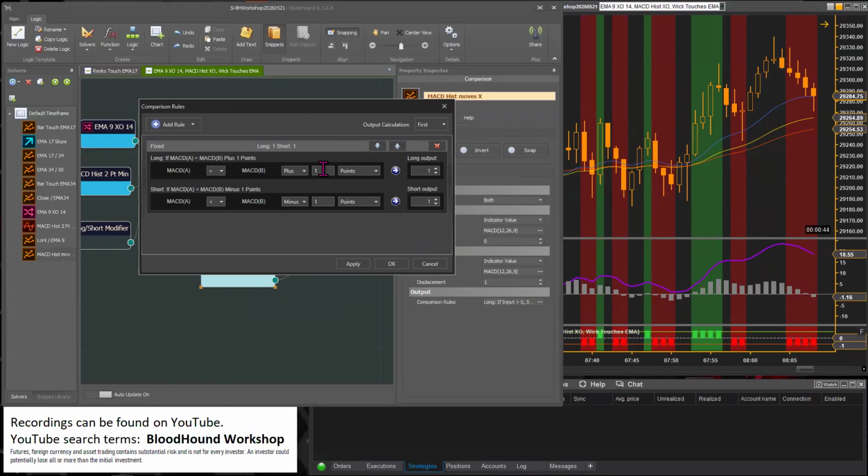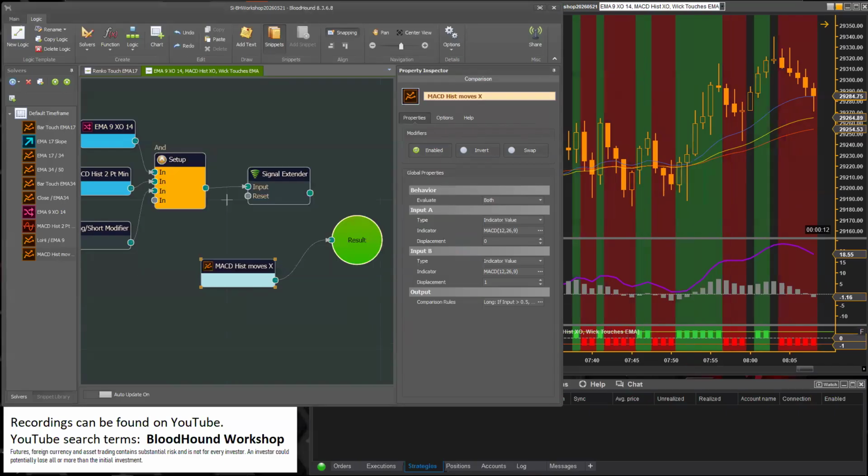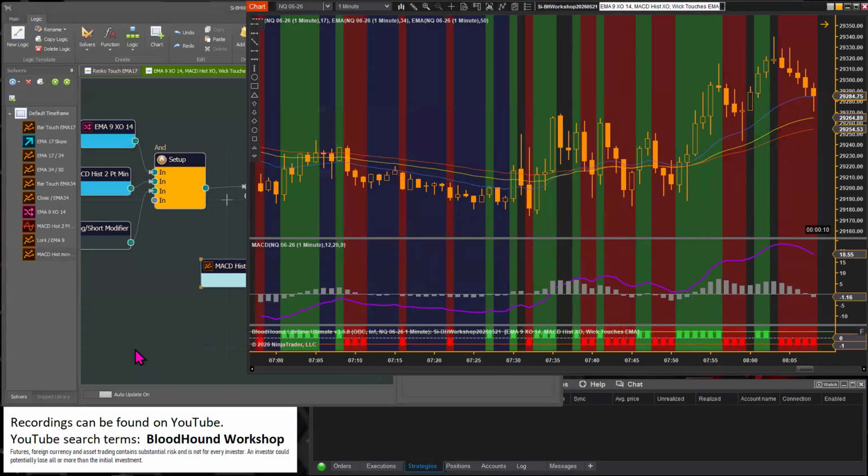If I put in 1 point there, we can see that on the histogram it didn't move 1 point, but once we got up above the 0 line, those are some pretty large movements. So let's knock this down to maybe 0.5, and see how that looks.